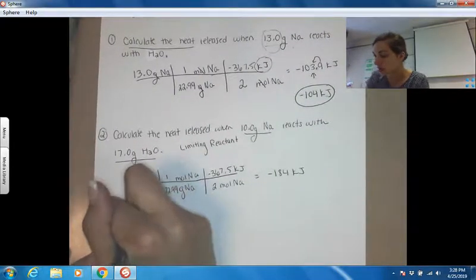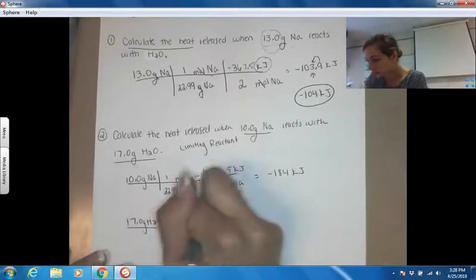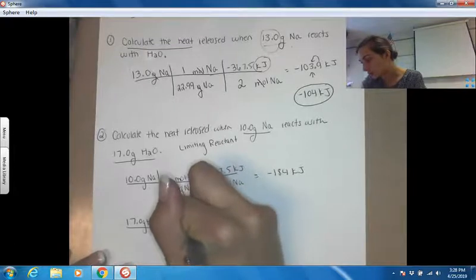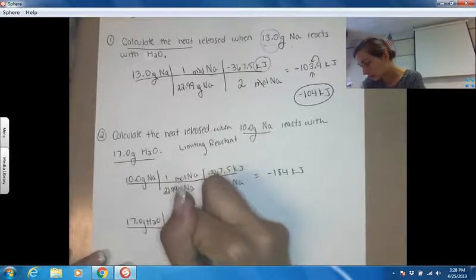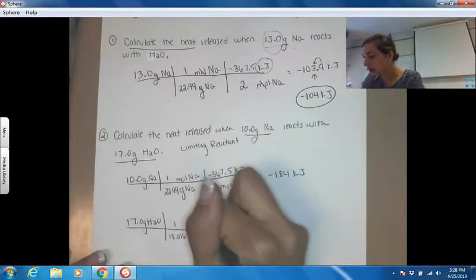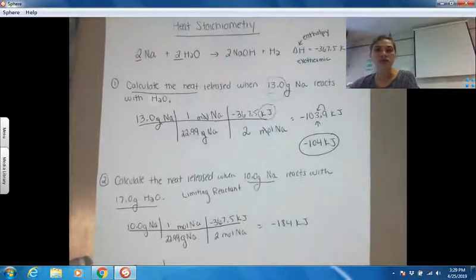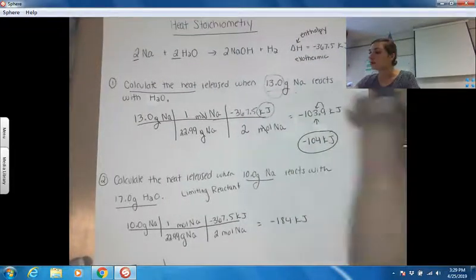Now we are going to do the same process for water. I start with 17 grams of water. I need to get that into moles of water. And now I need to get that in terms of energy. So I go back up to my reaction. I notice that I have 2 moles of water that produce this amount of energy.